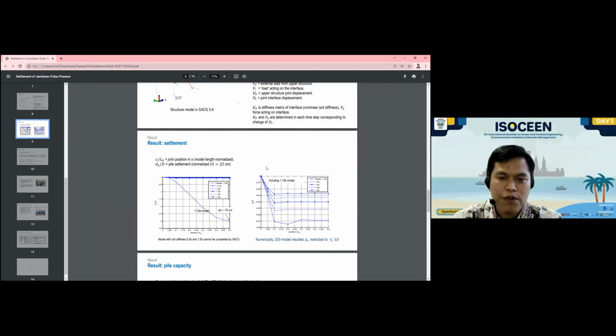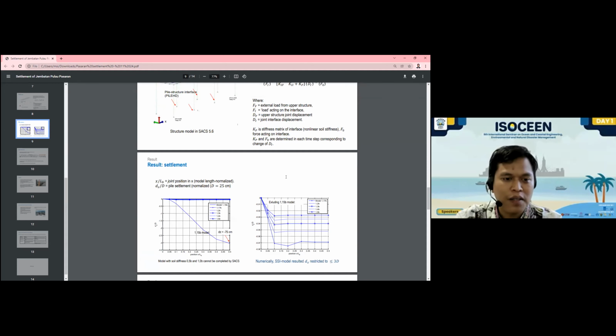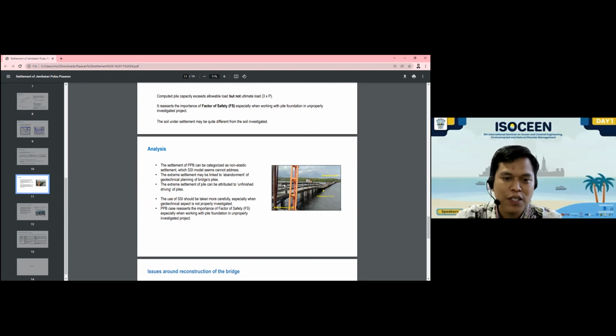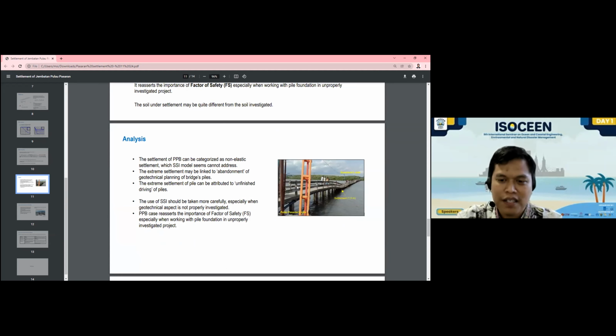We interviewed some people, which consisted of Pulau Pasaran people as well as the officers of the agency, and the plan to reconstruct the bridge has not yet materialized. There has been no significant progress corresponding to the reconstruction of the bridge.